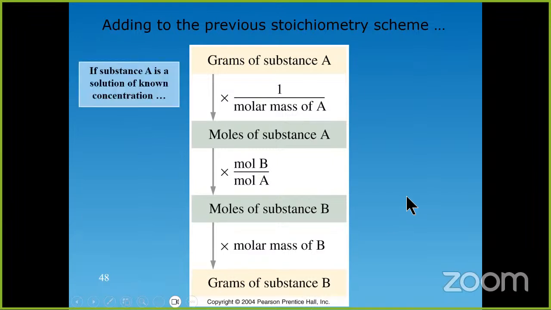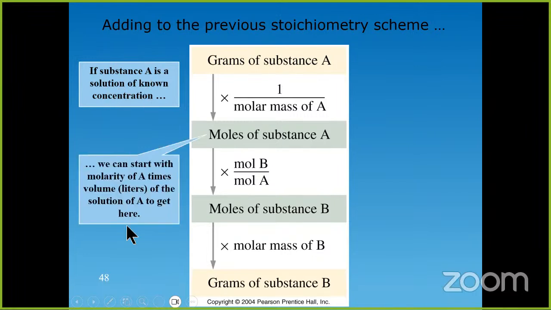Now, if you're talking about a solution problem which involves aqueous solution, then maybe what you need, based on the information, is to convert from the molarity to moles if you're given the volume. So as stated here, if substance A is a solution of known concentration, then we can calculate the moles by multiplying the molarity by the volume in liters. And that will start your problem solving at this point right here, right?